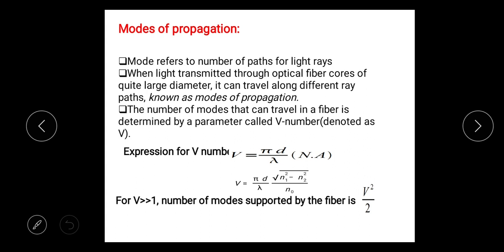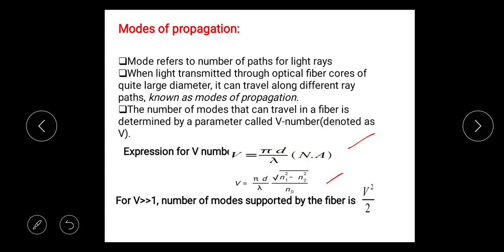So the V number is given by V is equal to pi d by lambda into numerical aperture, that is equal to pi d by lambda into square root of n1 square minus n2 square divided by n0, where pi is a constant, its value is 3.14, d is the core diameter, and lambda is the wavelength of light propagating in the optical fiber.